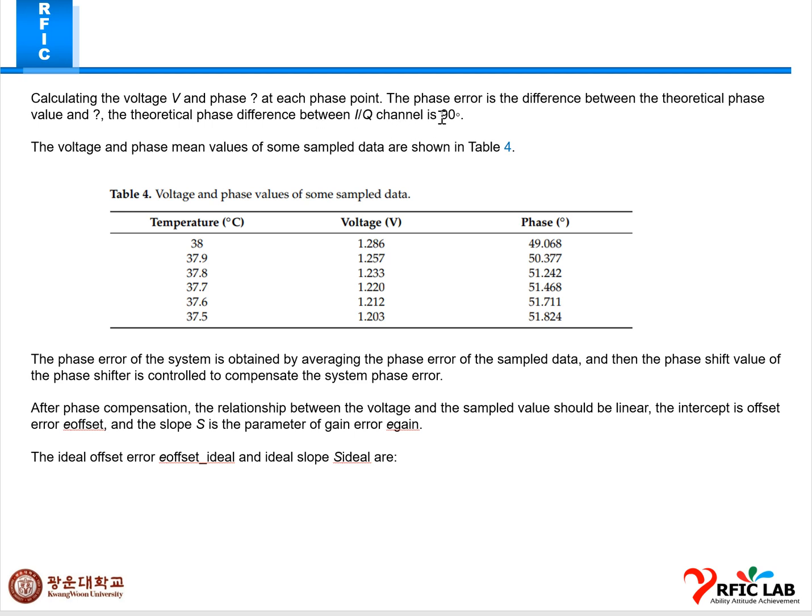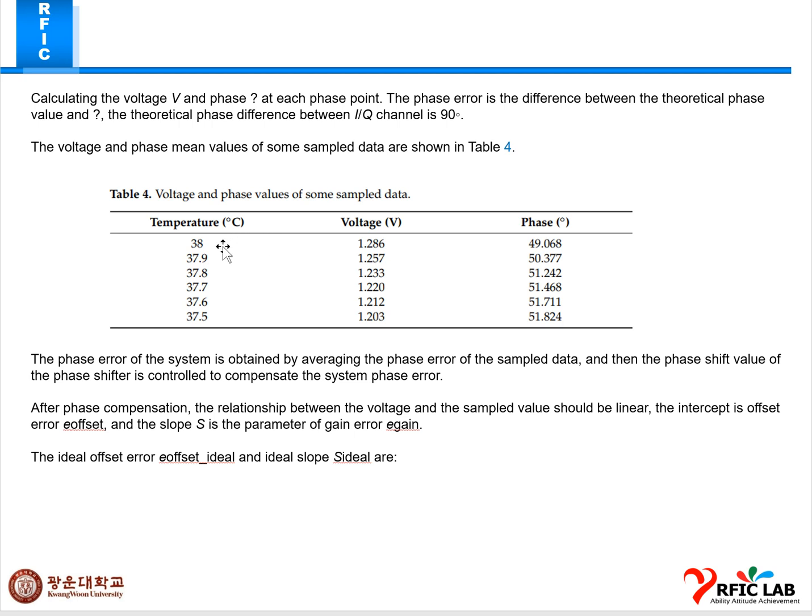As I said before, it has a second step where it changes the degree to 90 degrees. This is some sample data of voltage and phase value, which starts from 38.